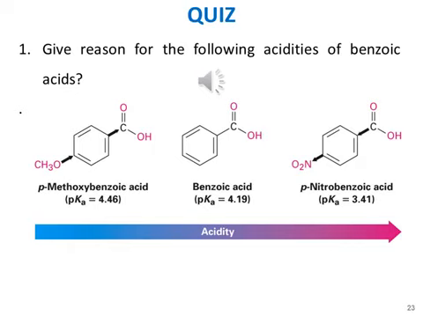You have to give the reason why para-nitrobenzoic acid is a stronger acid than para-methoxybenzoic acid and benzoic acid alone. There is a hint: you have to explain it on the basis of the inductive effect.